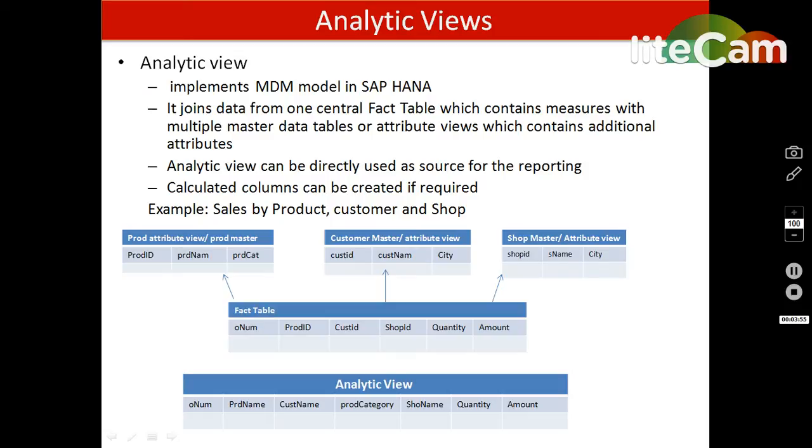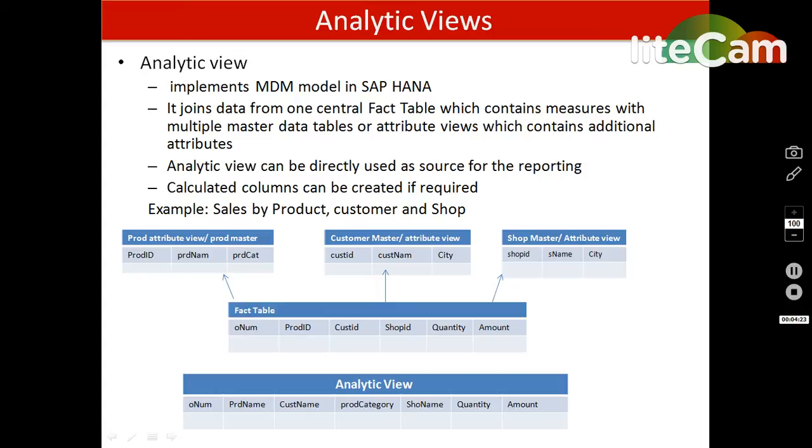An analytical view can be directly used as a source for reporting. Yes, you can generate the reports based on your analytical views. Or these analytical views can be used further in another calculated view. You can use them either directly for the reporting purpose, or you can use them in a calculated view.